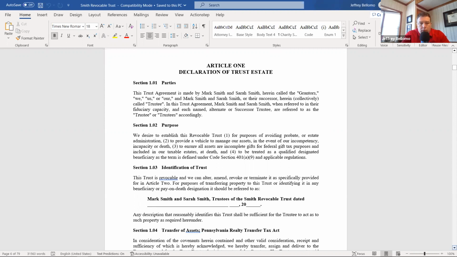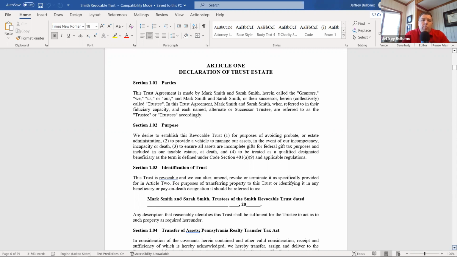Purpose: to revoke, to do probate avoidance, avoid probate administration, manage the assets, especially during incompetency, incapacity, and also at death. Ensure that all assets are incomplete gifts for federal estate tax purposes. Not really important, but the truth is any assets that you're putting into this trust are still under your Social Security number and you are still in control.